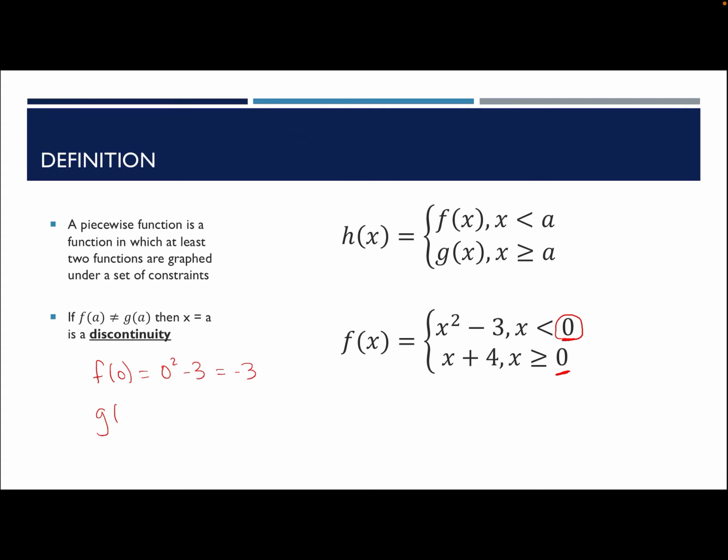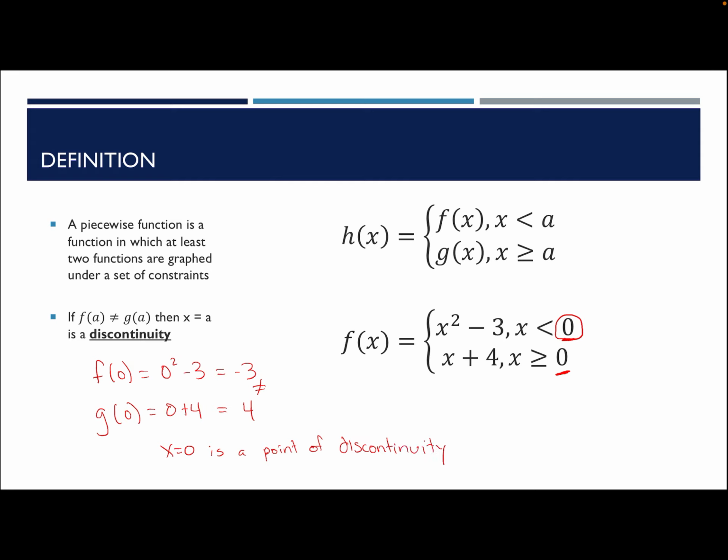And then g of 0 is going to equal 0 plus 4, which obviously equals 4. And since those two values aren't equal to each other, you would say x equals 0 is a point of discontinuity.